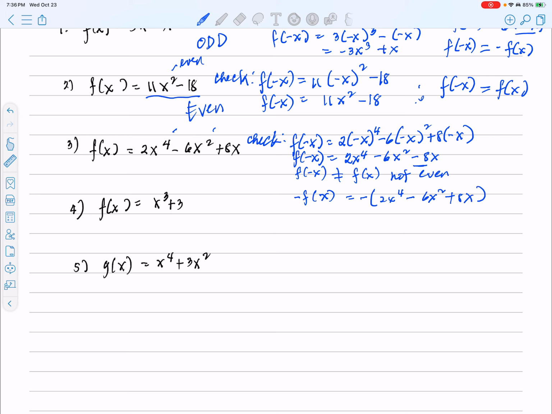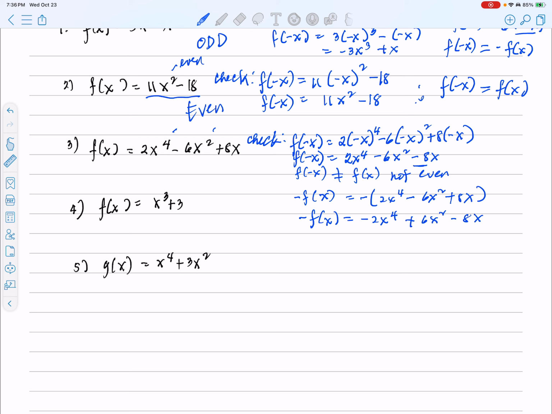Distribute the negative and change the signs, so that would become negative 2x to the fourth.